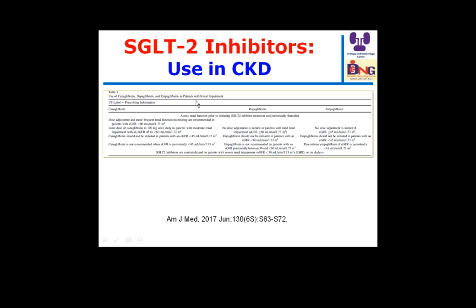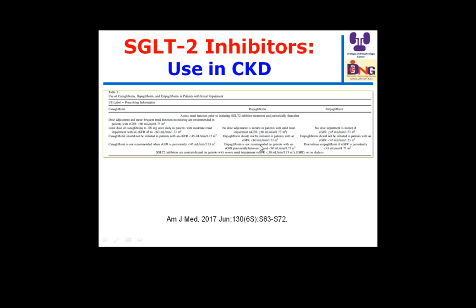Sodium glucose cotransporter 2 inhibitors are contraindicated in patients with severe renal impairment, estimated GFR less than 30 ml per minute, or patients with end-stage renal disease or on dialysis. So we should put all these points in our mind. For dapagliflozin, there is no dose adjustment if the estimated GFR is above or equal to 60 ml per minute.